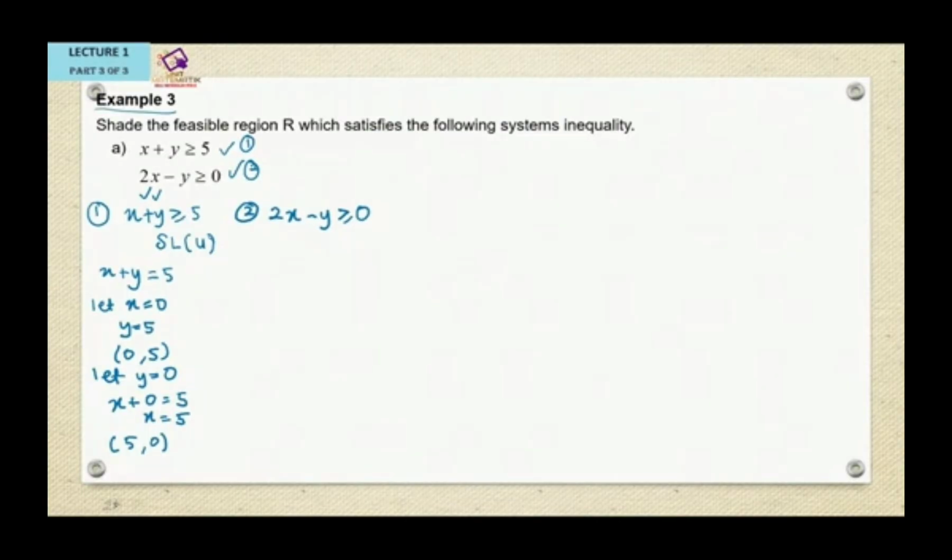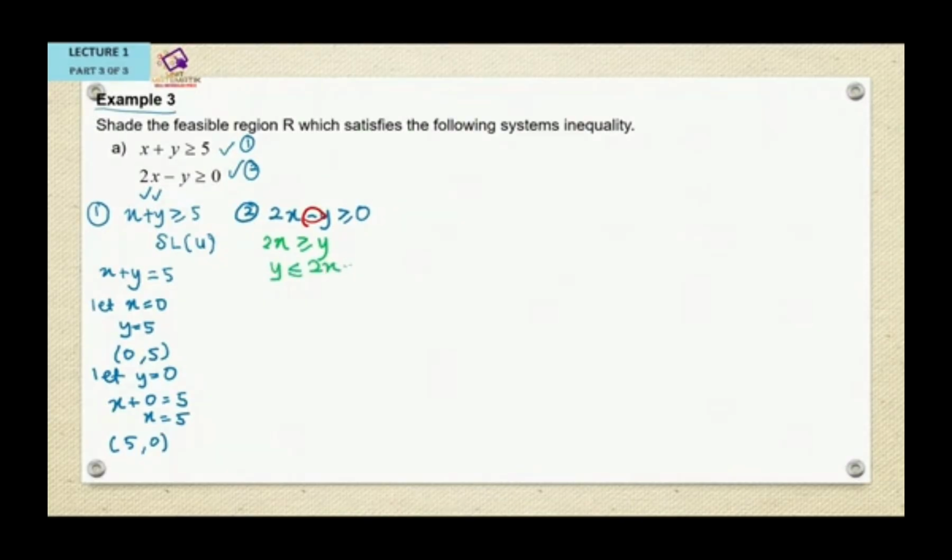So that means we need to rewrite the inequality so that y is on the left hand side and it is positive. It will be like this: 2x greater than or equal to y, so y less than or equal to 2x.